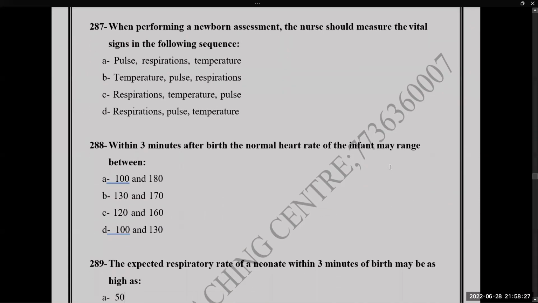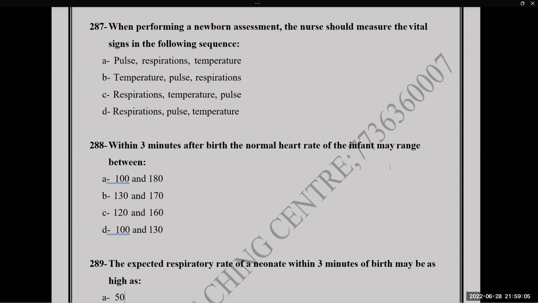Next question. Within 3 minutes after birth, the normal heart rate of the infant may range between. So what is the normal range of heart rate after delivery? That means soon after delivery. Yes, 132 and 70 is incorrect.